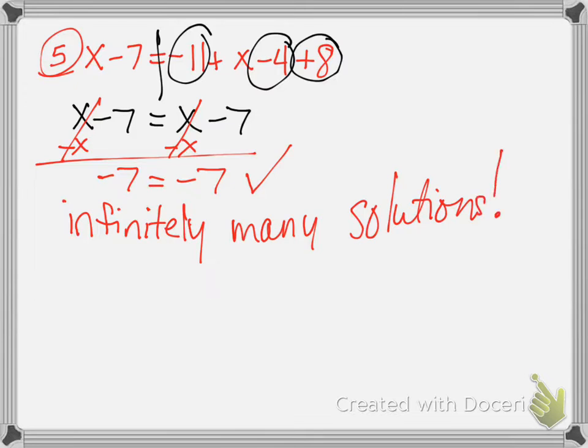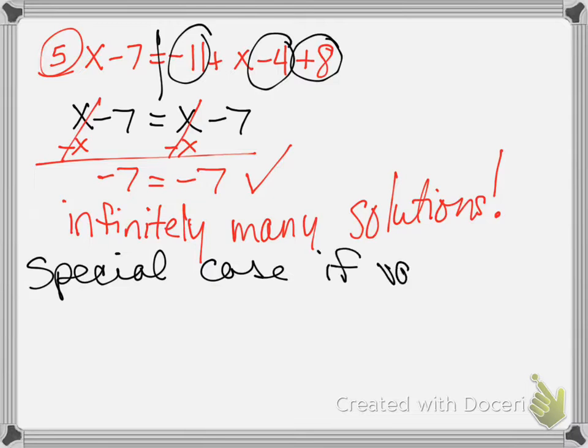Okay, so that's what our 2 special cases look like. So just remember, it's a special case if the variables cancel. Sorry guys, my writing here is getting a little sloppy. So if the variables cancel, you will have a special case.